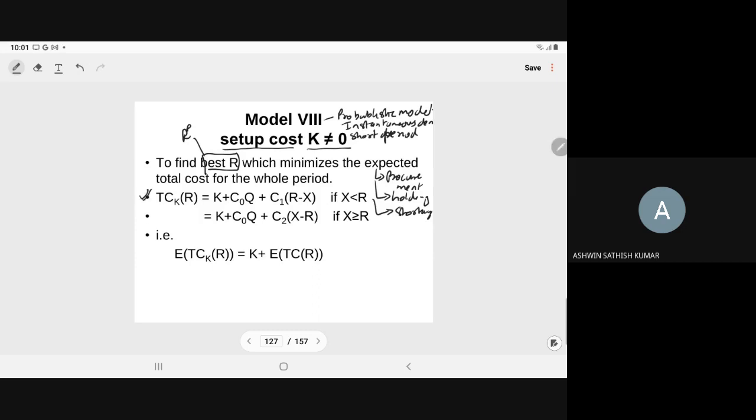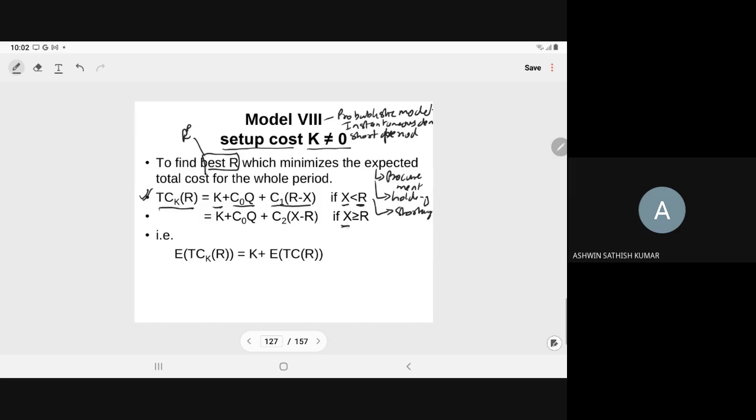So here we first define the total cost when K is not equal to 0, which we denote by TCK. Here we have the procurement cost, meaning setup cost plus purchase cost. If demand is less than the available inventory level, there will be leftover and you have to hold it, so we have the holding cost.